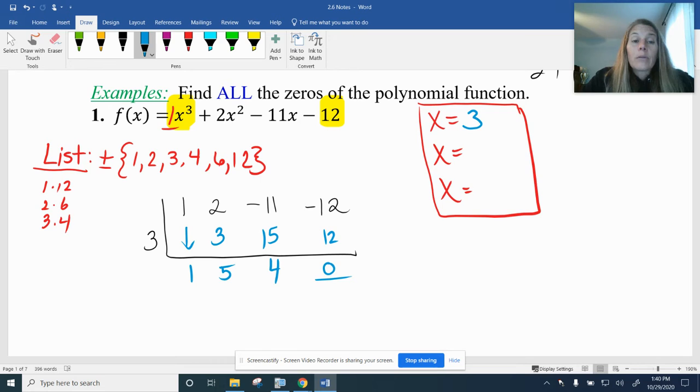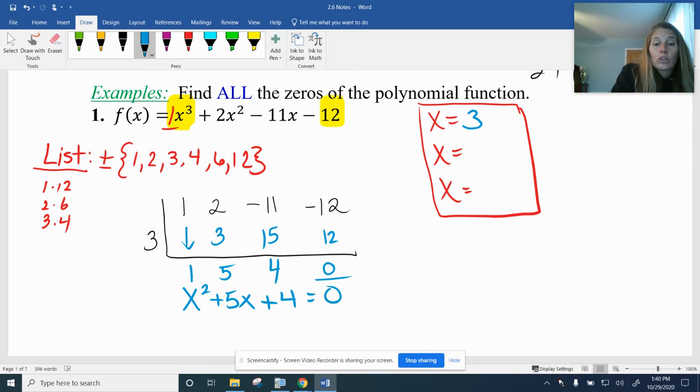Now, once you get down to the point where you only have 2 left that you need to find, at this point, you can just do what we did in the last section and factor out this remaining trinomial. And you should be able to get the last 2 quite easily, so you don't have to keep guessing and checking for the remaining numbers. So once you get 1 to work, factor this equation that's left when you divide out that first number.